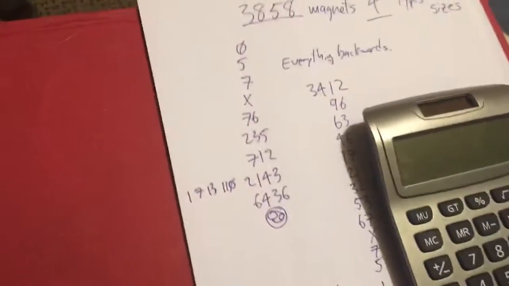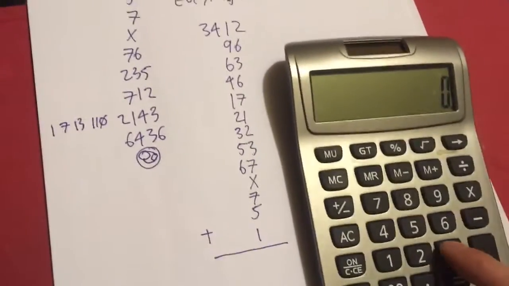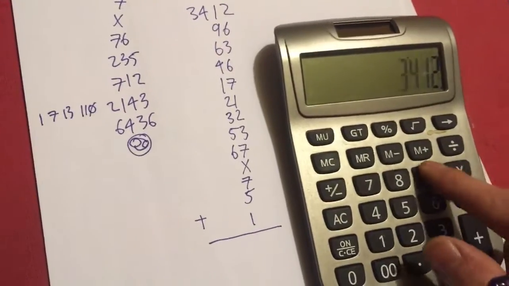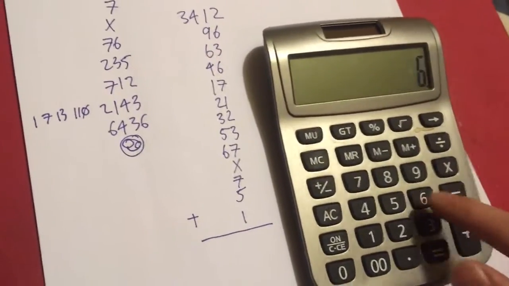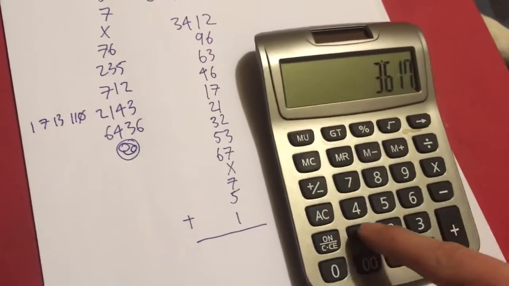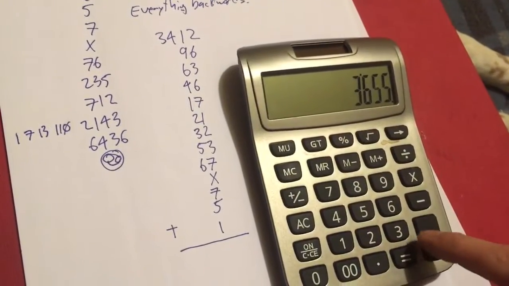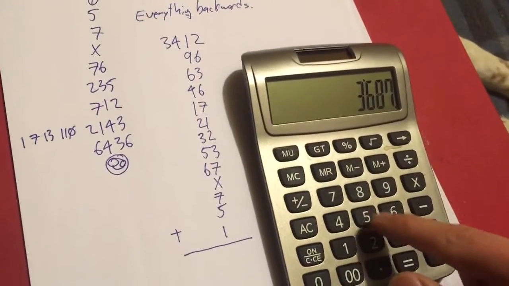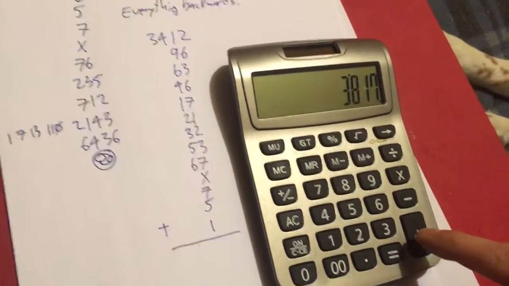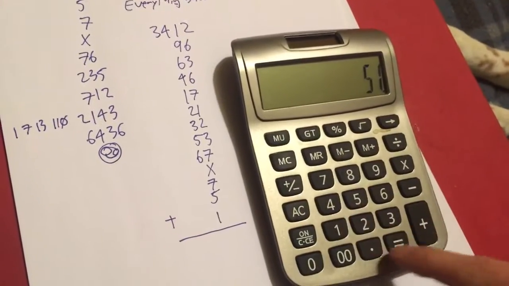Alrighty. So we're going to have 3412 plus 96 plus 63 plus 46 plus 17 plus 21 plus 32 plus 53 plus 67 plus 10 plus 7 plus 5 plus 1.